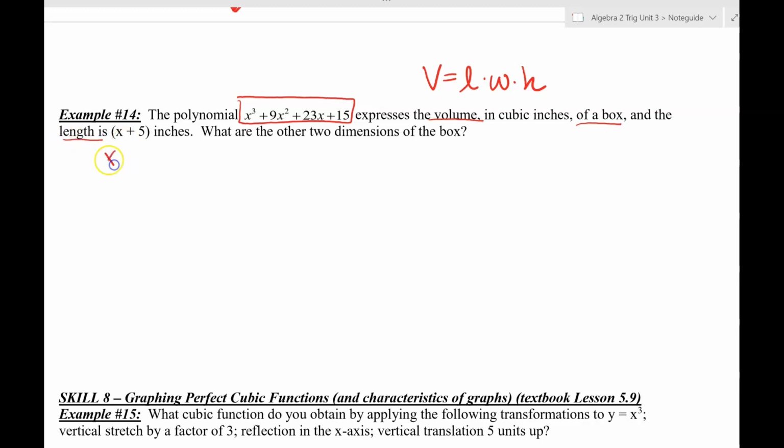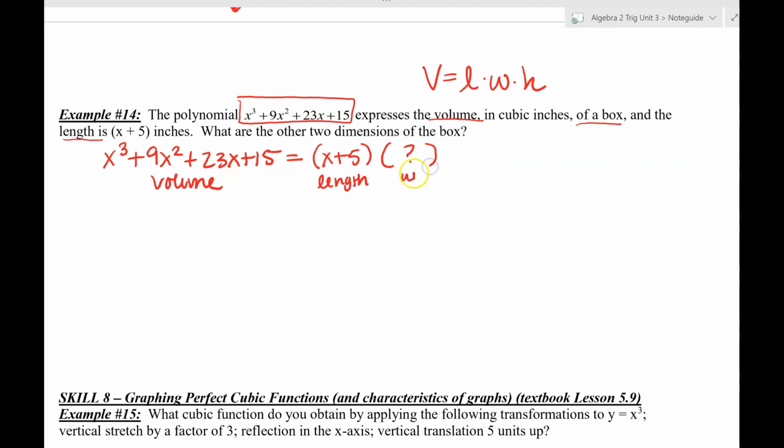So right now we know x cubed plus 9x squared plus 23x plus 15, that's the volume, was created by the length, which is x plus 5, times the width, which we don't know, and times the height, which we don't know. And they want us to find those other two dimensions of the box. So they want us to find width and height.